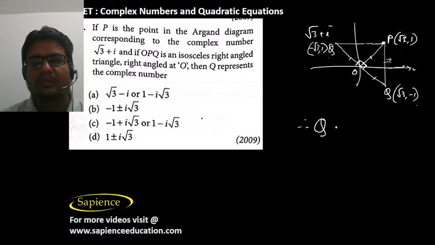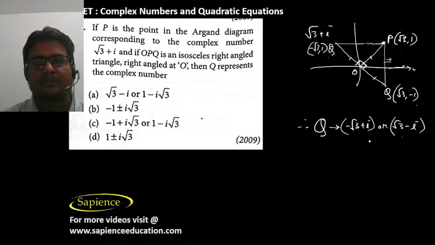So therefore the point Q can represent the complex number minus root 3 plus I or root 3 minus I. This is root 3 plus I. Plus 1, this can be root 3 minus 1.